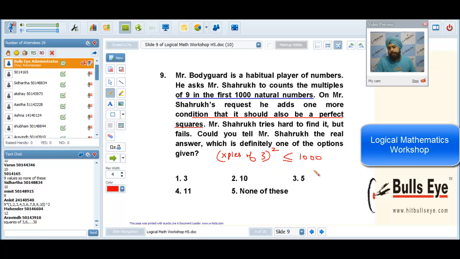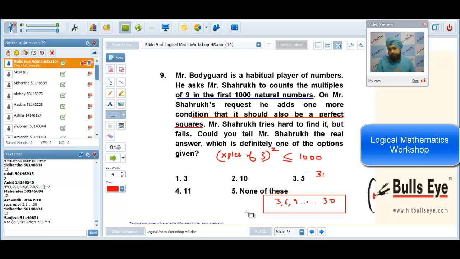Now we know the largest number whose square is less than 1000 is 31. Now how many multiples of 3 are there less than 31? We know we'll start from 3 and we'll end at 30. So guys, there has to be 10 such numbers.